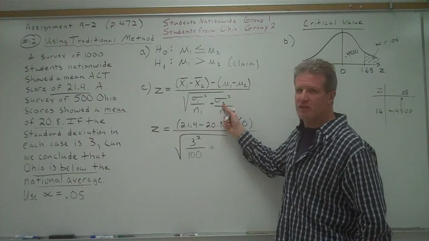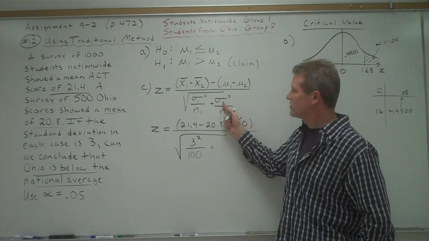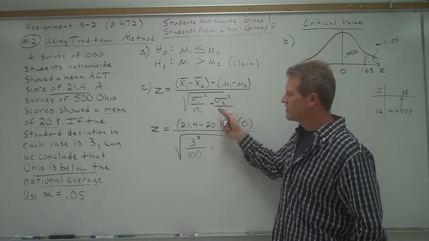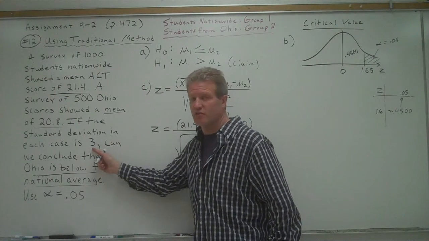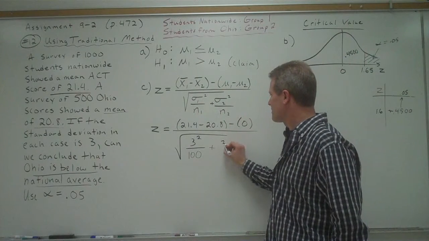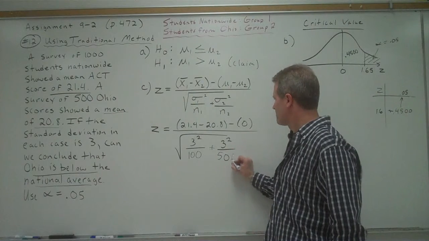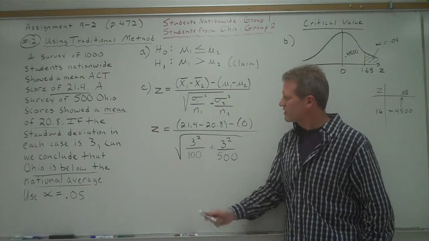That would be our second population standard deviation, so this would be the standard deviation of the Ohio students squared. Well, again, we don't know the population standard deviation, but we can use the sample standard deviation of 3. So we're going to go 3 squared over our second sample size, which is 500.